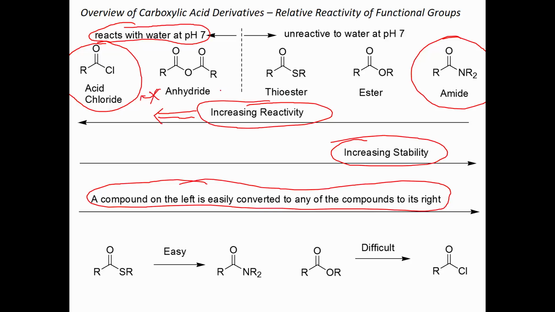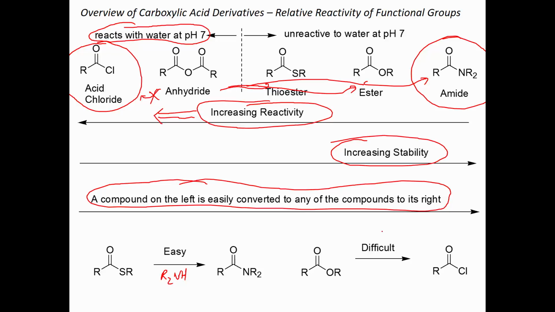But an anhydride could be very easily converted to a thioester, an ester, or an amide. In the example at the bottom here, all we need to do is treat this with an amine. We'll look at that reaction a little later, and this would easily turn this into the amide.